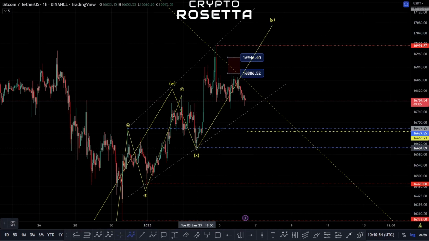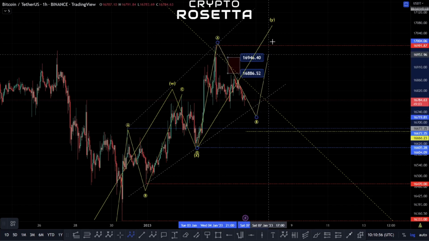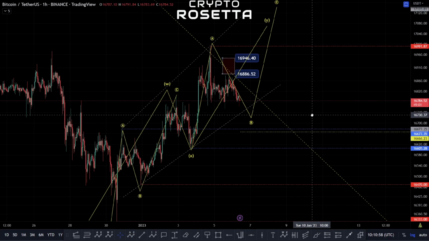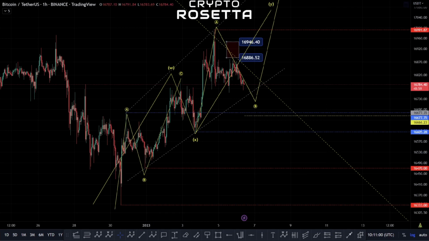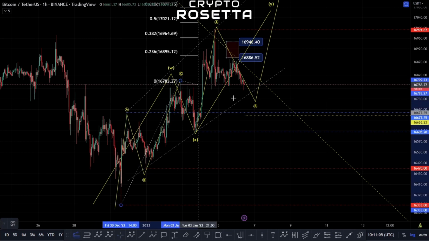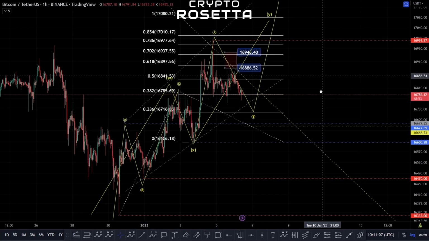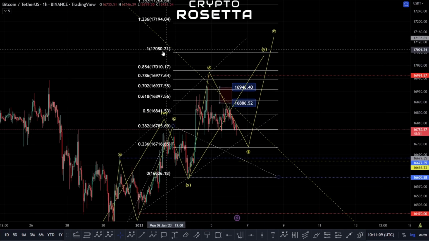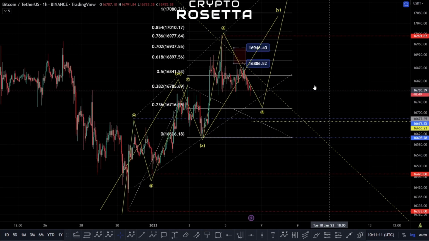What we'd be looking for here is this is an A wave, looking for this B wave, and then that C wave to the upside. So if that were to play out, effectively the target area could potentially be the 17,080 zone. So we need to just give it a bit of time here.